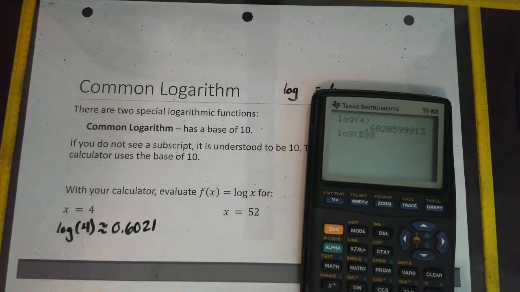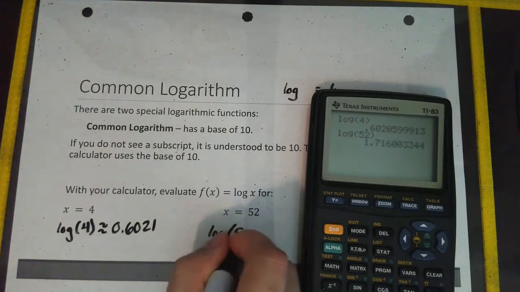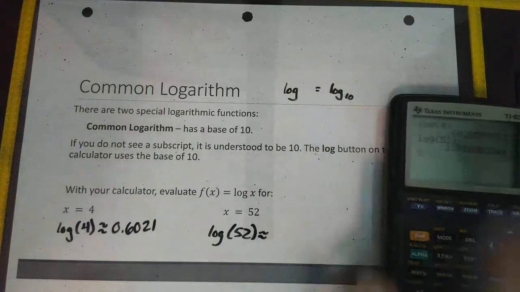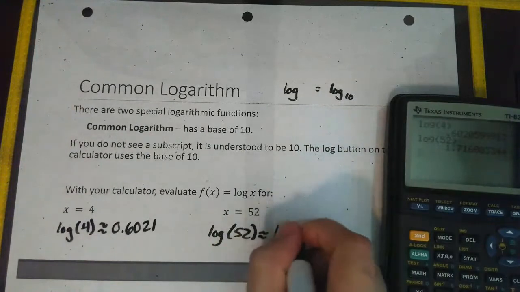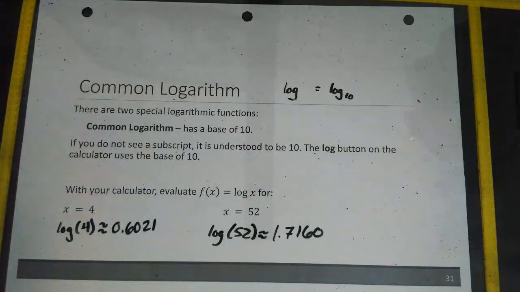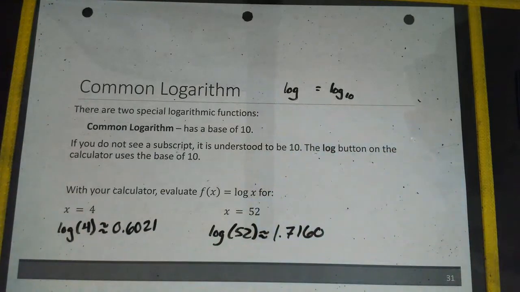And the log of 52 is about equal to 1.7160. Common log is common. That's why we give it kind of this shortcut of not having a base. But it really does have a base. It's 10. We're just not writing it.